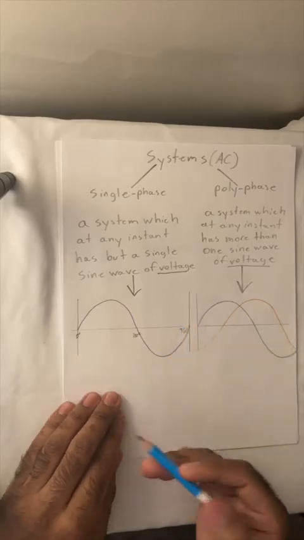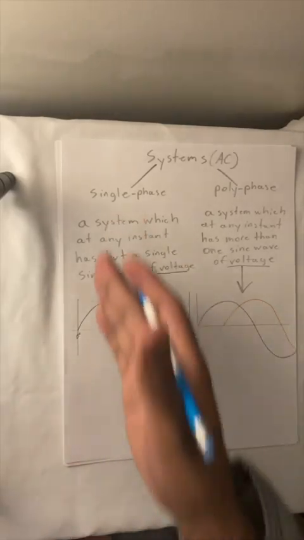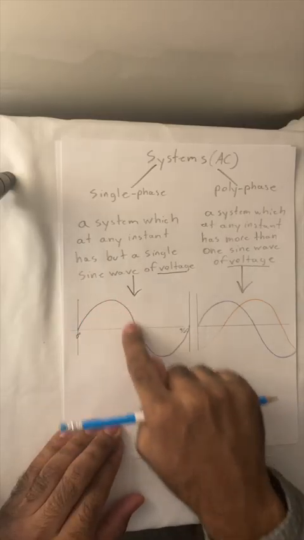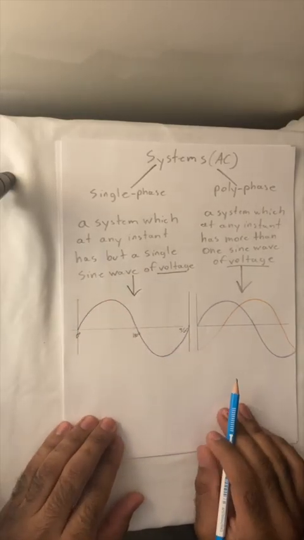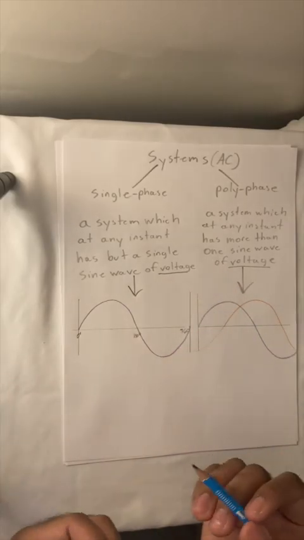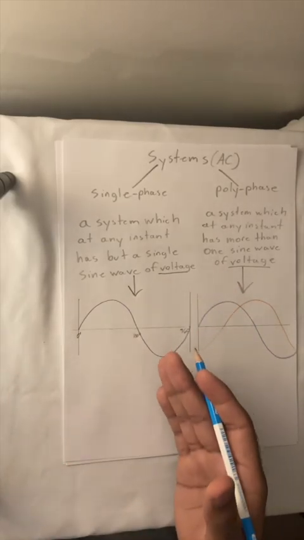So a single phase is defined as if you have a wave under consideration, a sine wave under consideration. You can clearly see that this is a single sine wave of voltage.